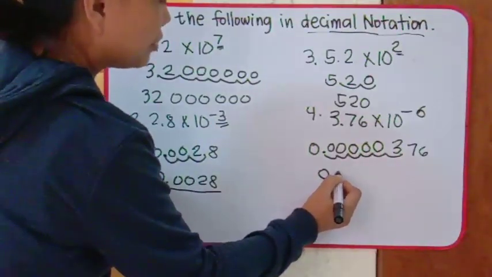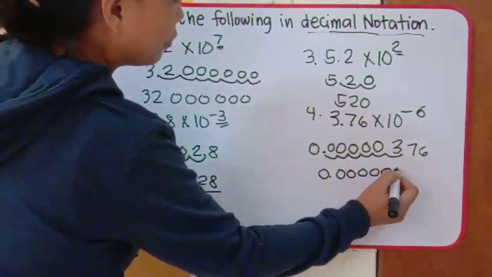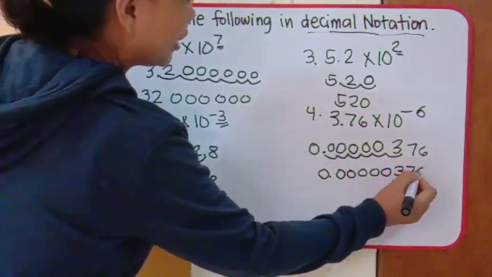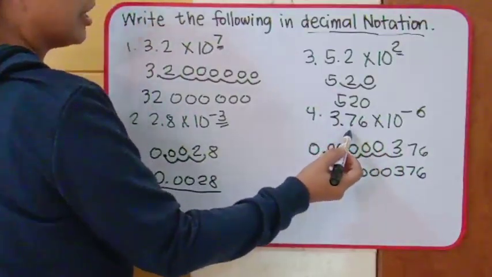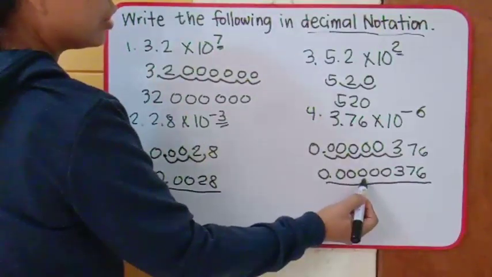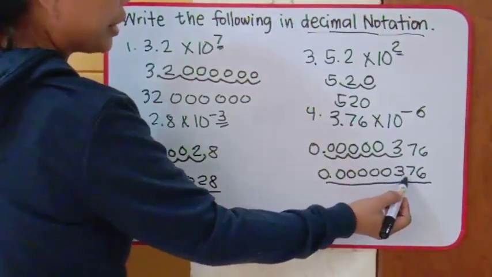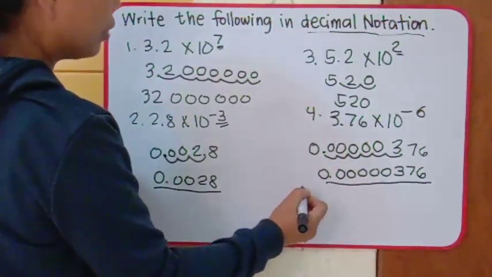We have 5 zeros, so 1, 2, 3, 4, 5. Then we have 3, 7, 6. So the answer for this scientific notation is 0.00000376.